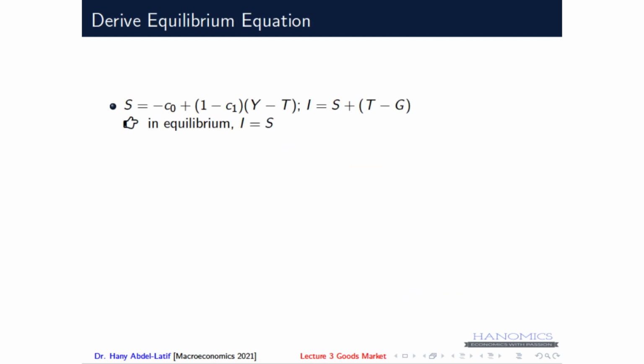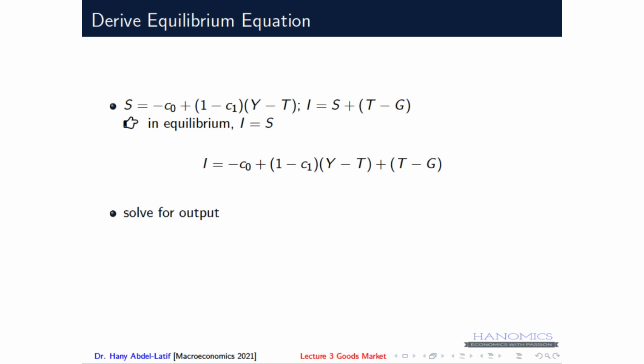Now let's derive the equilibrium equation using the new condition, the other way of stating the equilibrium condition in the goods market, which is I equals S. We have the saving function, minus C0 plus 1 minus C1 times Y minus T, which is disposable income. The condition is that I equals saving, where S is private saving and T minus G is public saving. So we simply replace S with the saving function and continue with our equilibrium condition.